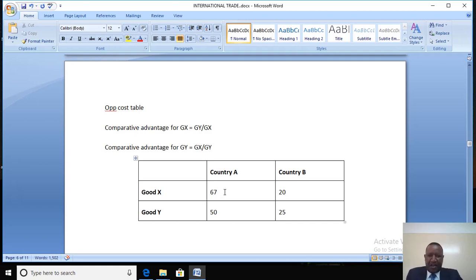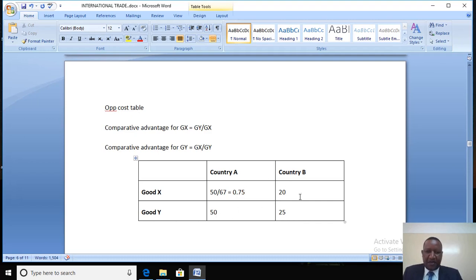All right, so let's start with our country A. Comparative advantage for good X is the quantity produced of good Y, which is 50, divided by the quantity produced of good X, 67. How much will that be? That is going to be 0.75, if you tap that in your calculator.